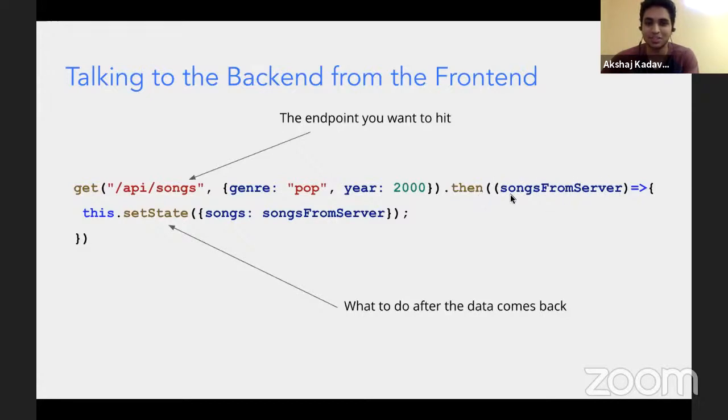Shout out to the people trying to use the Spotify API. And then after that happens, you will do something with the songs. For example, you might set the state to be the songs from the server. So yeah, that's how you talk to the backend.